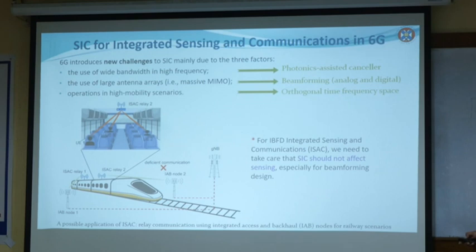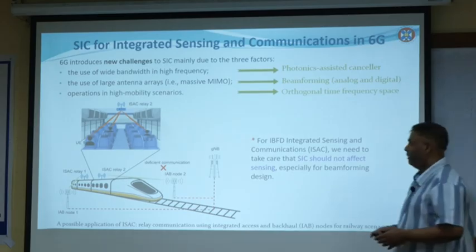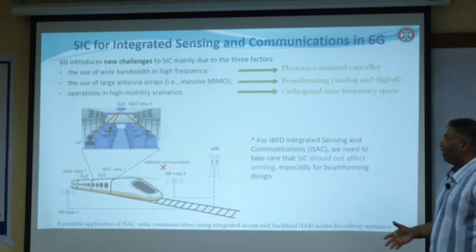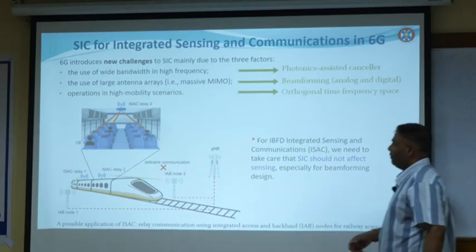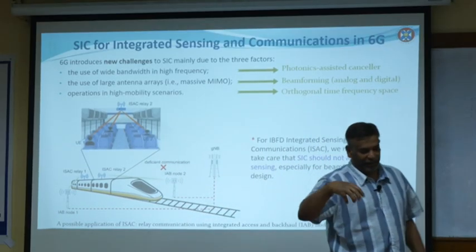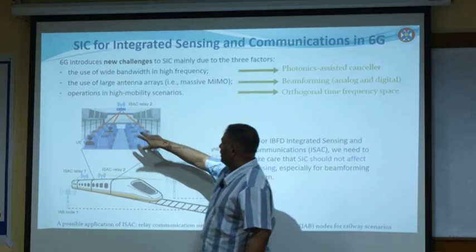Yeah, so I explained to you that integrated access and backhaul is a nice application of in-band full duplex. For example, in 3GPP, they introduced a scenario called mobile IAB. What that means is, in the railway compartment, there will be an access point, an IAB node.